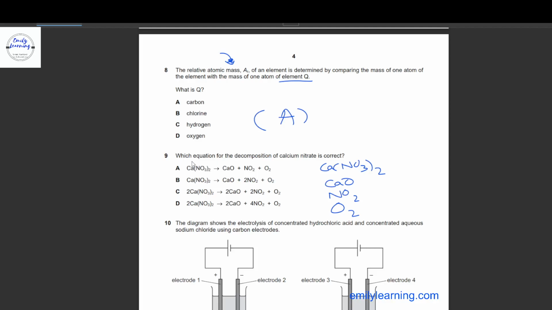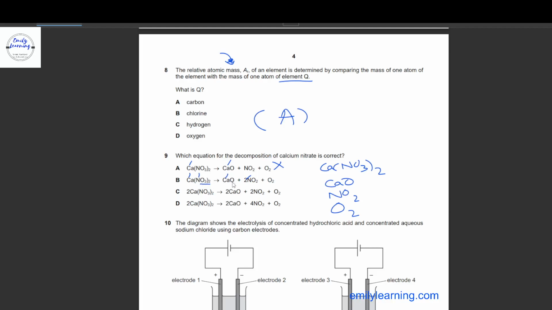Let's look at A first. 1 calcium, 1 calcium. 2 nitrogen, 1 nitrogen. So A is out. Let's take a look at B. 1 calcium, 1 calcium. 2 nitrogen because there's a NO3 bracket 2, so there's 2 nitrogen here, 2 nitrogen here. 6 oxygen here in B because 3 times 2 is 6 oxygen.